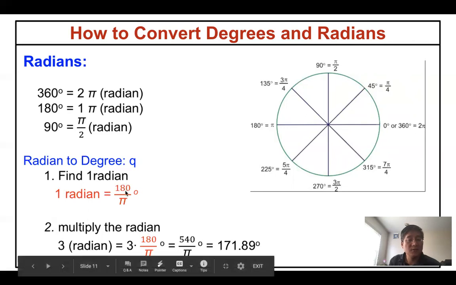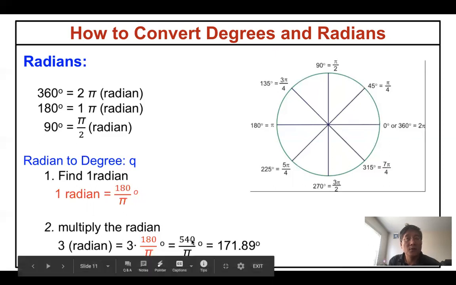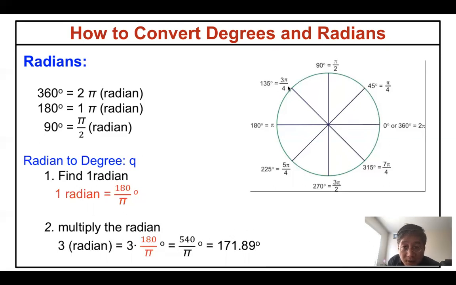So 3 times 180 is 540 over pi. If you use a calculator, 540 divided by pi, which is 3.14, you will get 171.89 degrees.